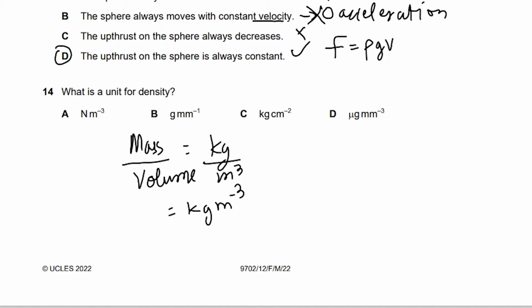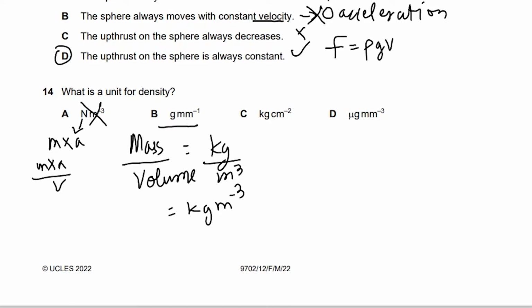Now let's check all these options. A suggests that it is N m raised to the power minus 3. Now Newton is force. Force means mass times acceleration. So this means the SI unit of mass multiplied by SI unit of acceleration divided by SI unit of volume. A can't be the answer.